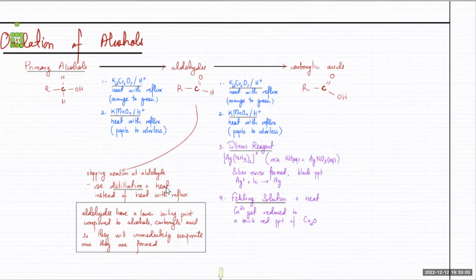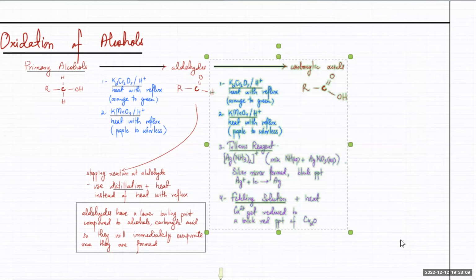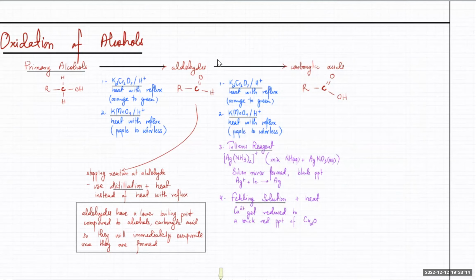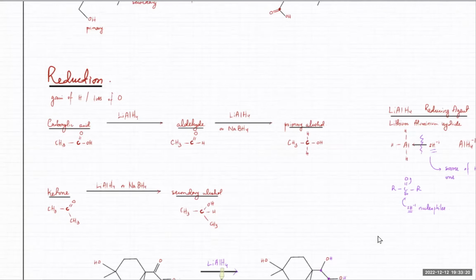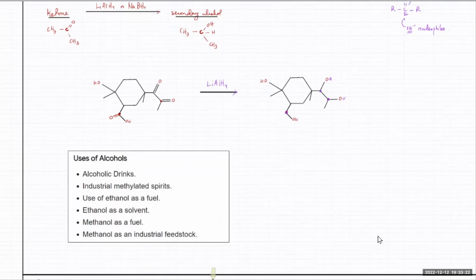So an aldehyde can be oxidized by all these methods. That would be helpful in identifying an aldehyde. Ketones don't undergo further oxidation.